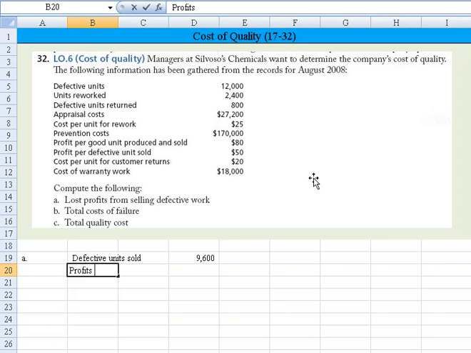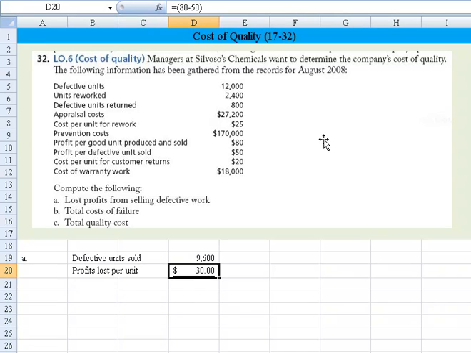So I'm going to call this profits lost per unit, and we will take $80 minus $50. Okay, now that's in units, this is in dollars, so why don't we put that in dollars? You know what? Dollars and cents probably makes it look the best.